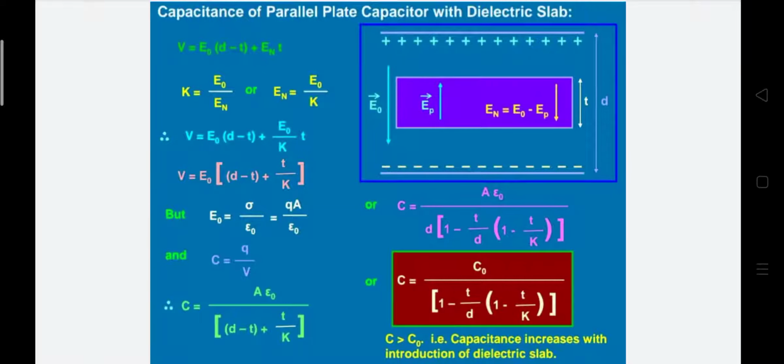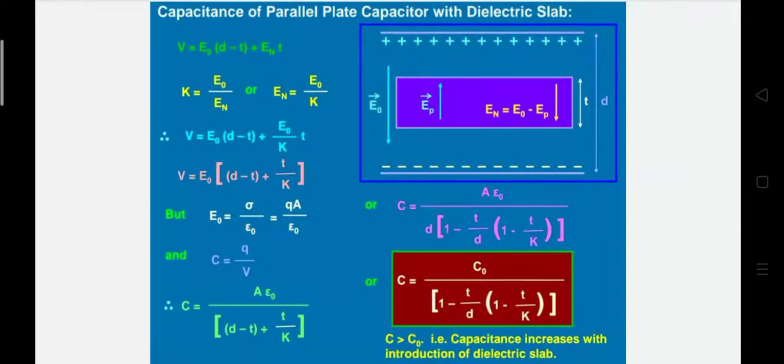The molecules in the slab get polarized and there is an internal electric field Ep developed in the dielectric slab, whose direction is opposite to the external electric field as shown in the diagram.